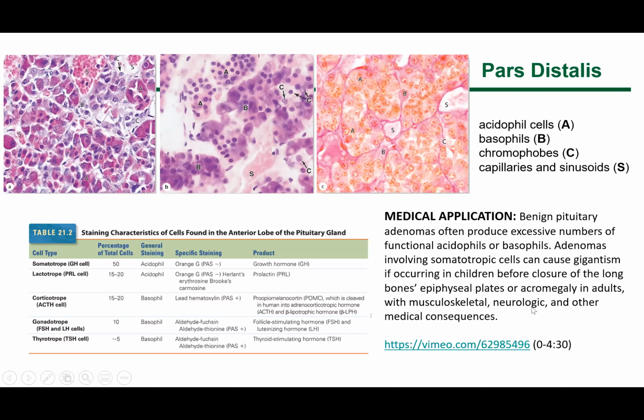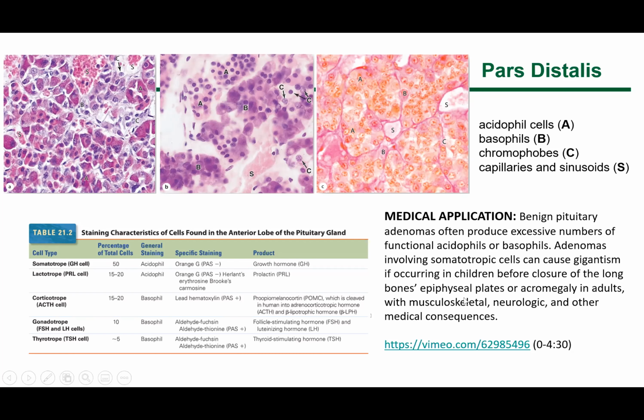So let's talk about adenomas. Pituitary tumors are not that uncommon, and they're benign in that they don't metastasize, but I would caution you that benign does not necessarily mean non-harmful or not efficacious.